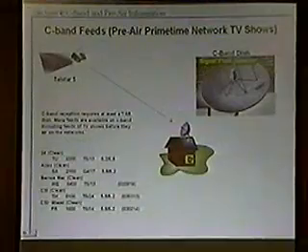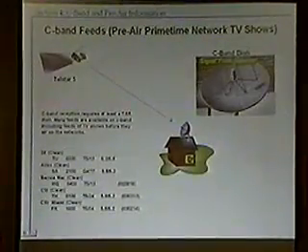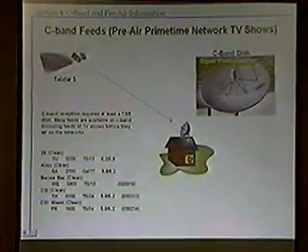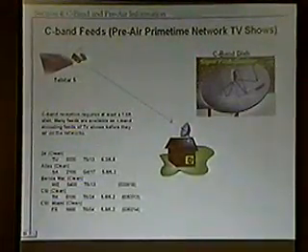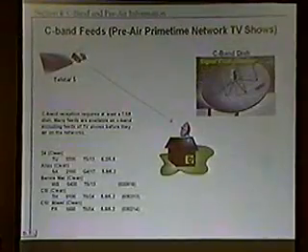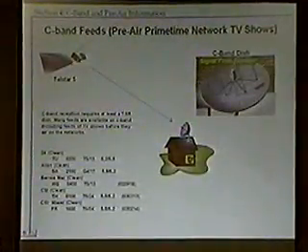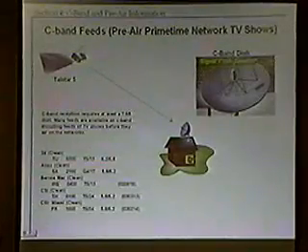Some of the other stuff that people often want to know about is C-band, because they often hear lots of rumors that you can get pre-air TV shows before they air in the U.S., and it's true, you can. Pre-air primetime network TV shows are sent to Canada without logos and without commercials because they have contracts to air them in Canada, and so they overlay their own commercials and their own logo.